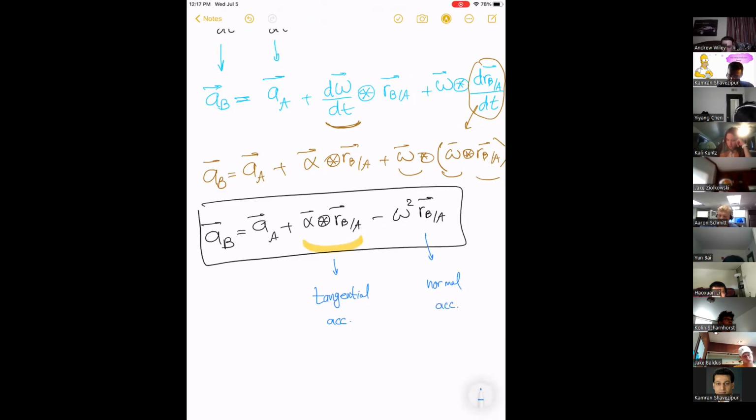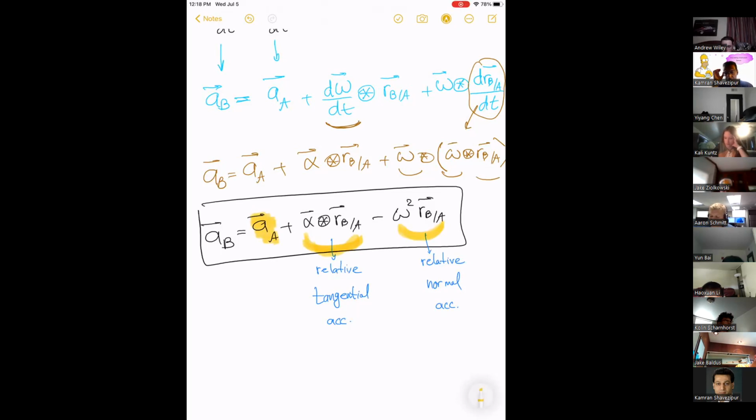Now, technically, this is relative tangential acceleration, and this is relative normal acceleration, which means if you're sitting at A, this is the tangential acceleration and this is the normal acceleration you see, right?